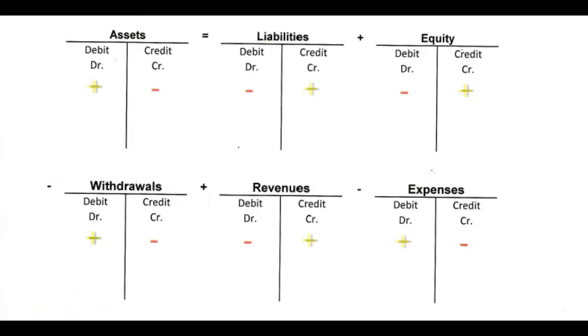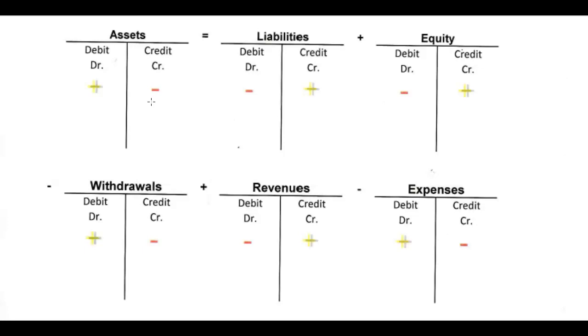For assets, this is where he started, the old monk in the Middle Ages that came up with double entry bookkeeping. Assets: debit on the left, increase on the left, credit on the right, it's a decrease. So debits on the left are an increase, credits are a decrease.